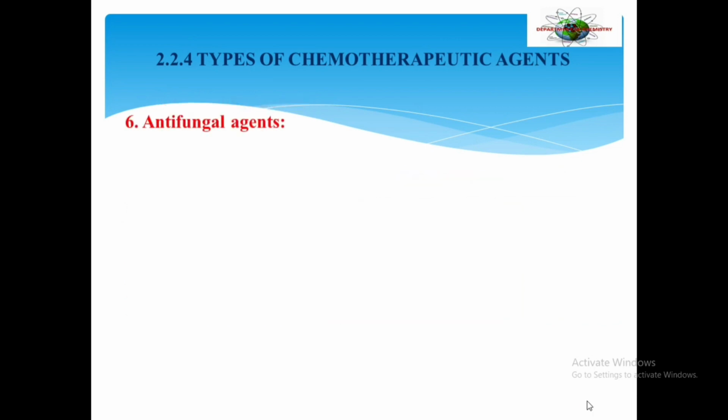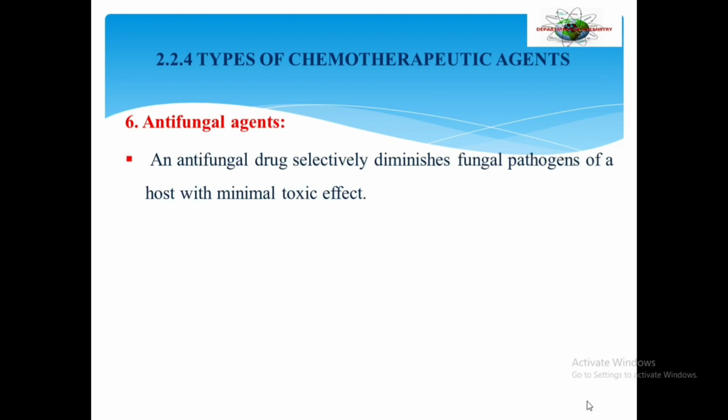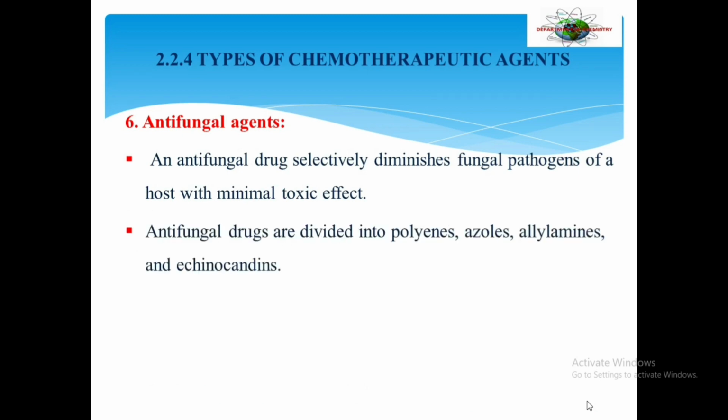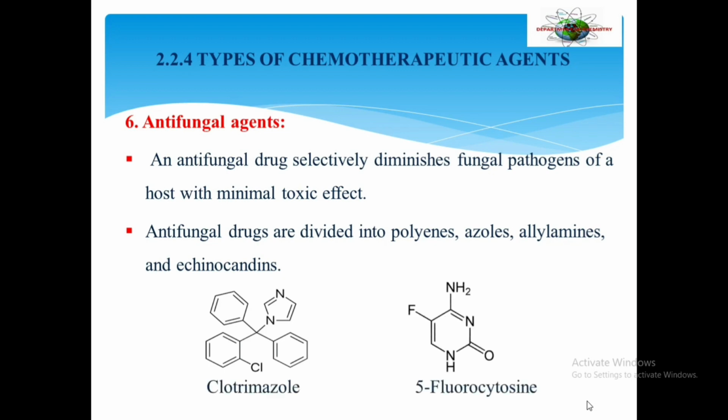An antifungal drug selectively eliminates fungal pathogens of a host with minimal toxic effect. Antifungal drugs are divided into polyenes, azoles, allylamines, and echinocandins. These are the structures of clotrimazole and 5-fluorocytosine used as antifungal agents.